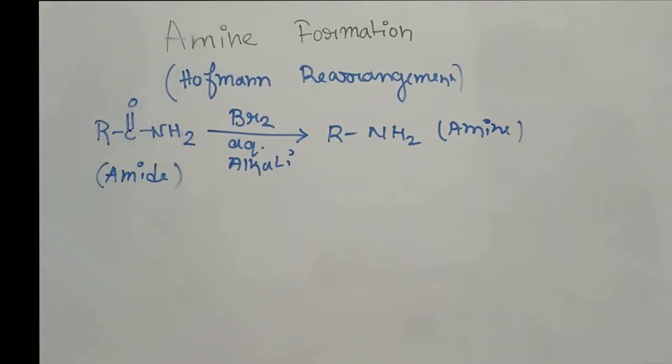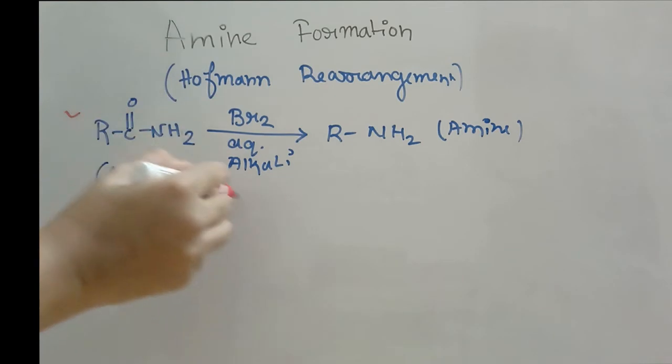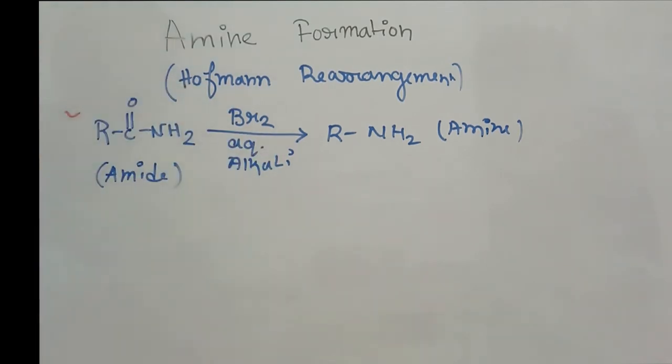Now in the Hofmann rearrangement, first of all we have amide, and we add bromine in aqueous alkali. We can take any alkali in aqueous medium, potassium hydroxide or sodium hydroxide, and we get amine as product. Let's see the reaction mechanism first.